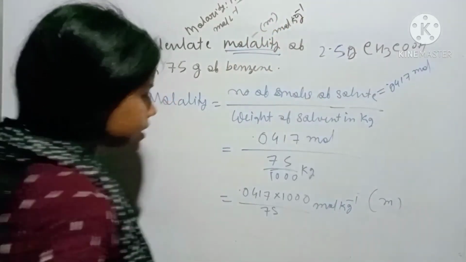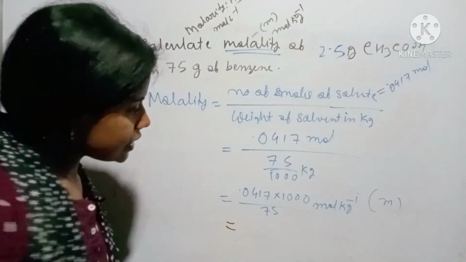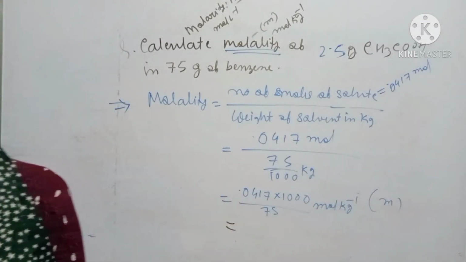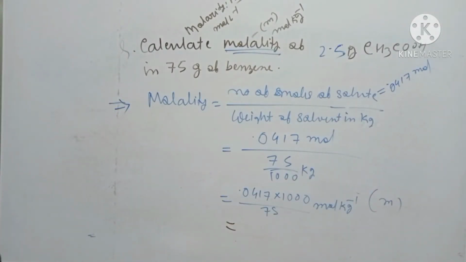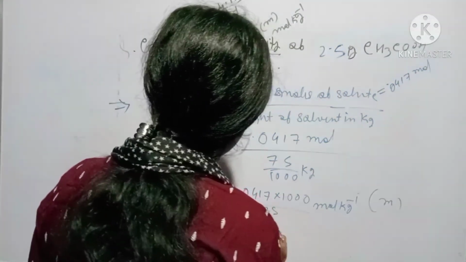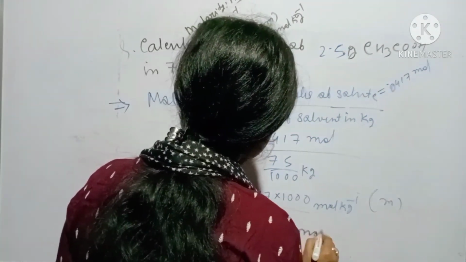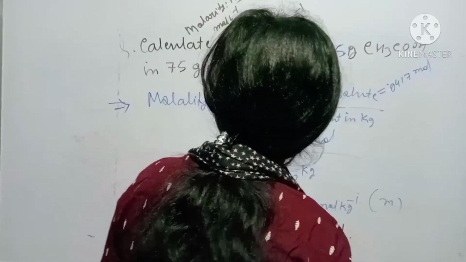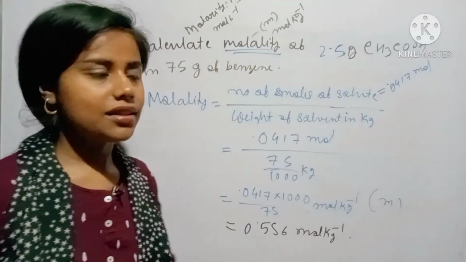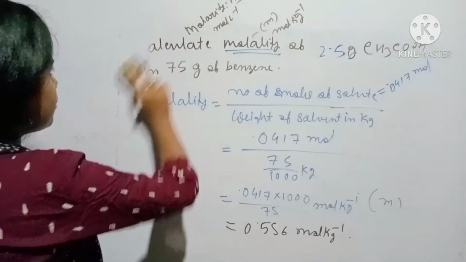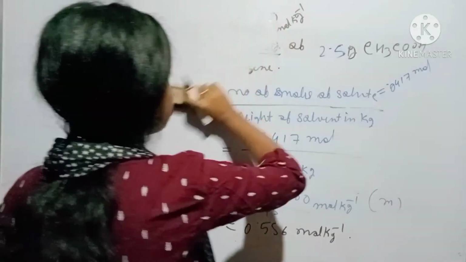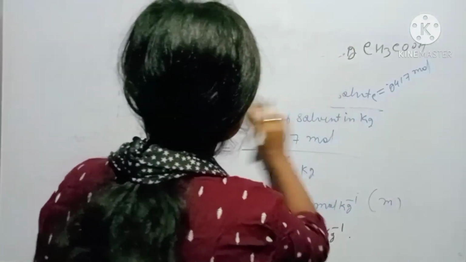You have to remember these things. If we calculate this, the value is around 0.556 mole per kg. Maybe I have made some mistakes here, so I would feel good if you clarify me by telling me.